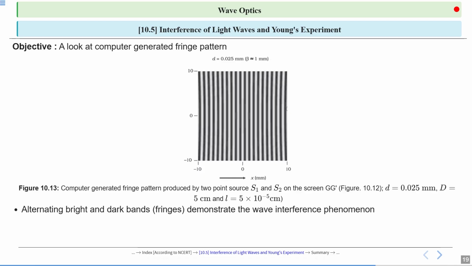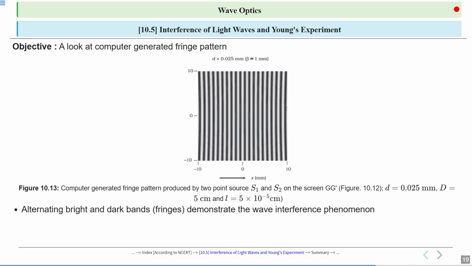So let's examine the alternating bright and dark bands known as fringes in the pattern. These fringes are a direct demonstration of the wave interference phenomenon. When waves from the two sources meet, they can either reinforce each other or cancel each other out. Either constructive interference occurs or destructive interference occurs, leading to these distinct bands.